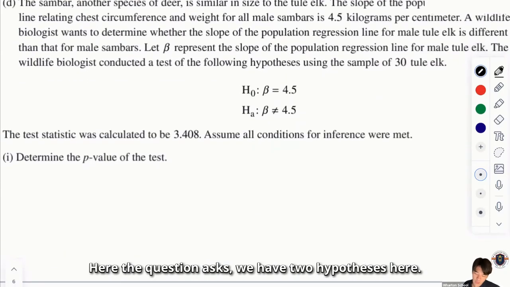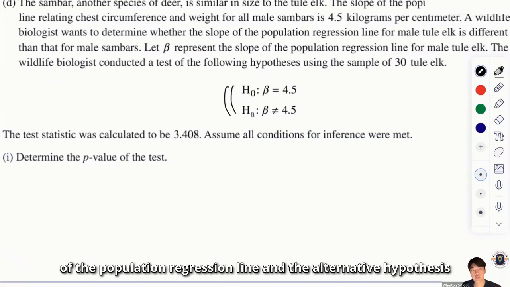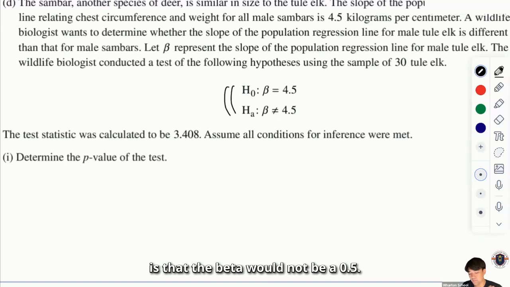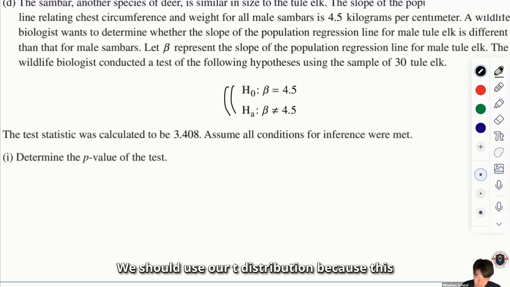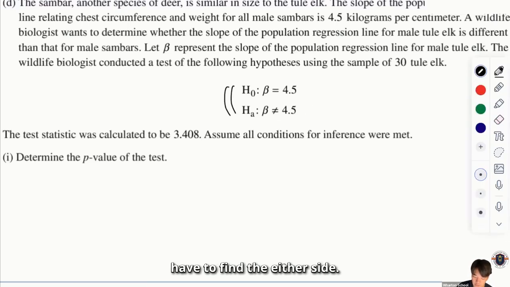Let's move on to the next question. Here, we have two hypotheses. The null hypothesis is that beta, which is the slope of the population regression line, equals 4.5, and the alternative hypothesis is that beta is not 4.5. We should use the t-distribution, right? This is not a one-tailed t-test, because you have to look at either side that is not 4.5. So this is a two-tailed t-test.